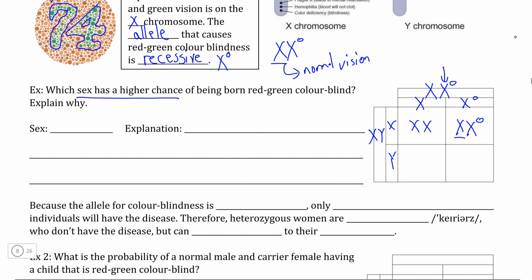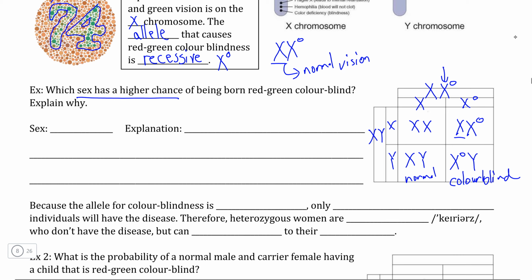But something interesting happens with the male children. So if the mother contributes the normal X chromosome to this male child, this male will have normal vision.